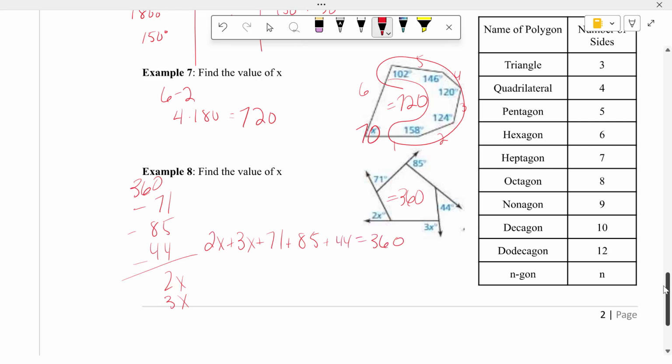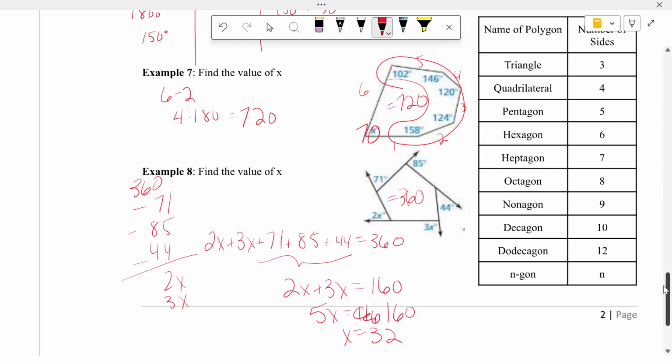So that's the equation we're working with. We're going to combine these and subtract them. 360 minus 71 minus 85 minus 44 equals 160. So 2x plus 3x should equal 160. 5x is going to equal 160. We're going to divide that by 5, and x is going to equal 32.